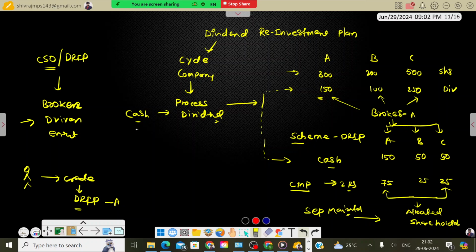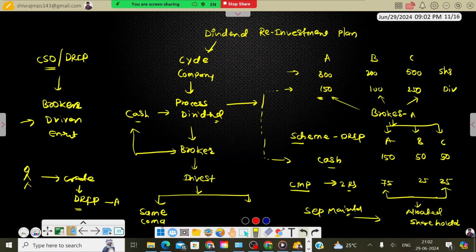Then the broker asks for reinvestment, and if any investor is ready to reinvest, the broker asks for a cash payment, and the same cash payment the broker will invest in the same company, or maybe in another company.